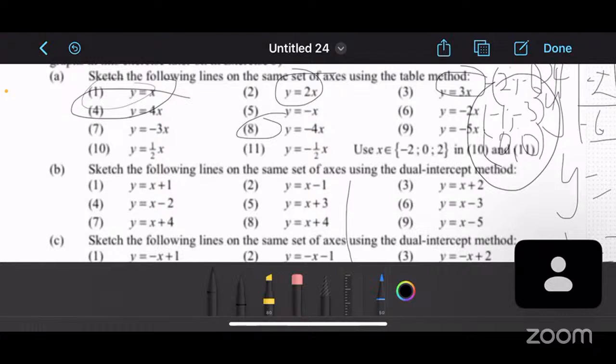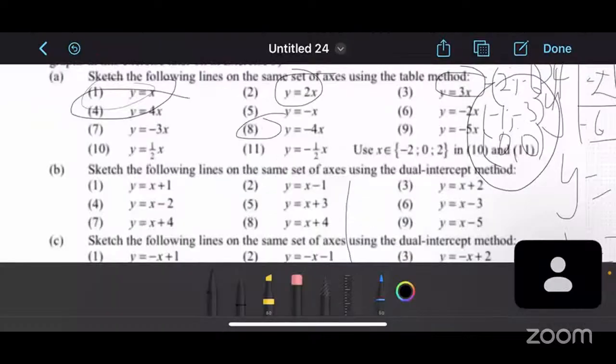Then for 0, we write y equals -4 bracket 0. Then the answer will just become 0. Then for the next one, we're going to write y equals -4 bracket 1 +1. Then the answer is just going to stay as -4. Then for the last answer, we write y equals -4 bracket 2 and +2. The answer is going to be -8.